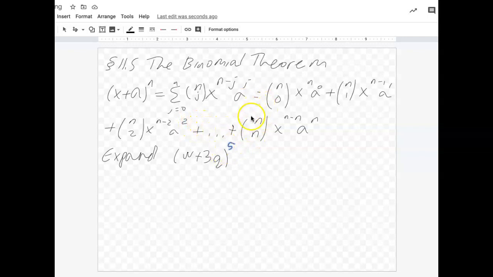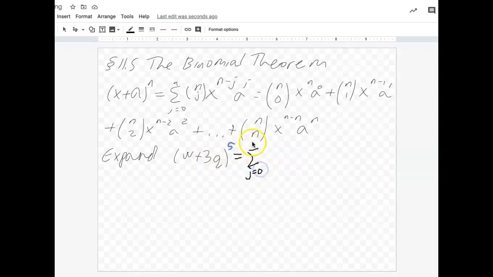And of course, instead of plugging the n choose j into your calculator, you may want to use Pascal's triangle to figure out the binomial coefficients. So when we look at expanding w plus 3q to the fifth, let's write this out using the summation notation.